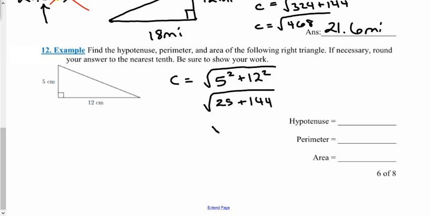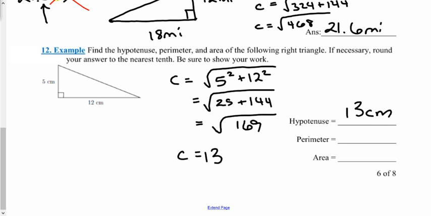I know some of these seem repetitive, but that's because these Pythagorean triples are really nice, and you don't have to worry about decimals as much. It means the square roots come out to be nice integer values. So square root of 169 is 13. So the hypotenuse is 13 centimeters.